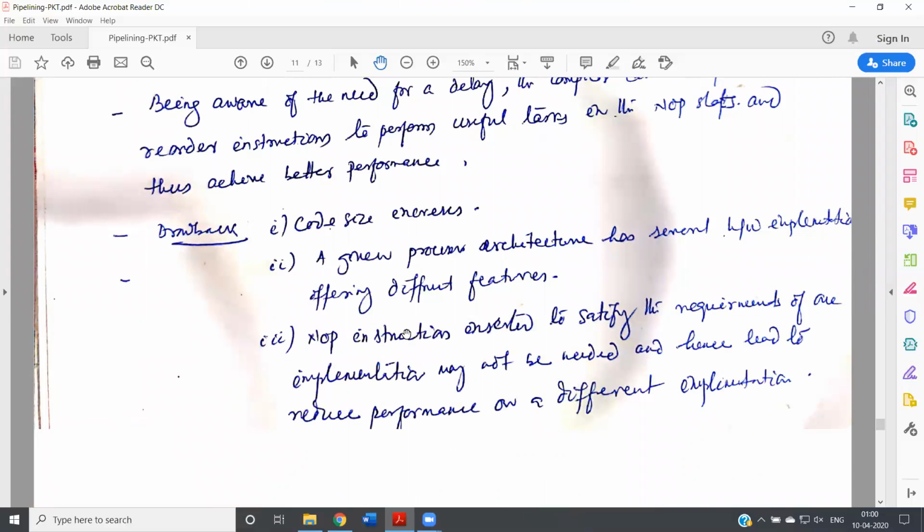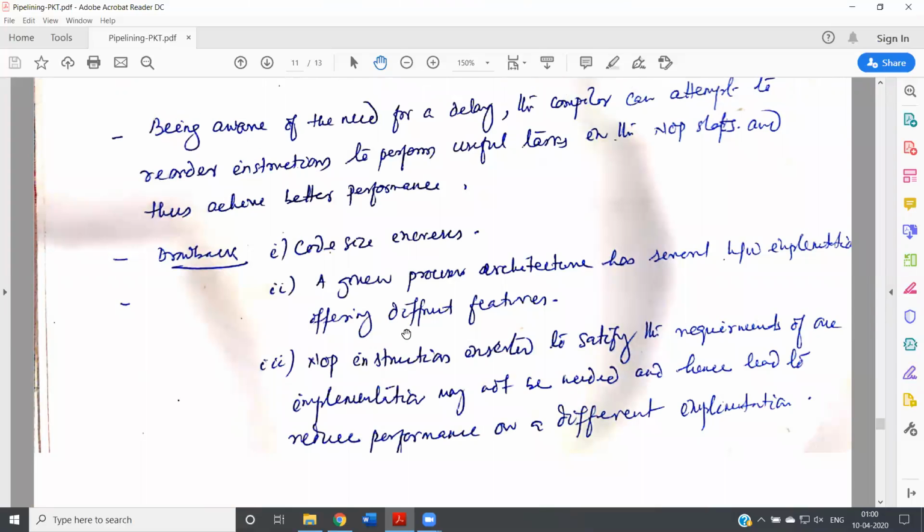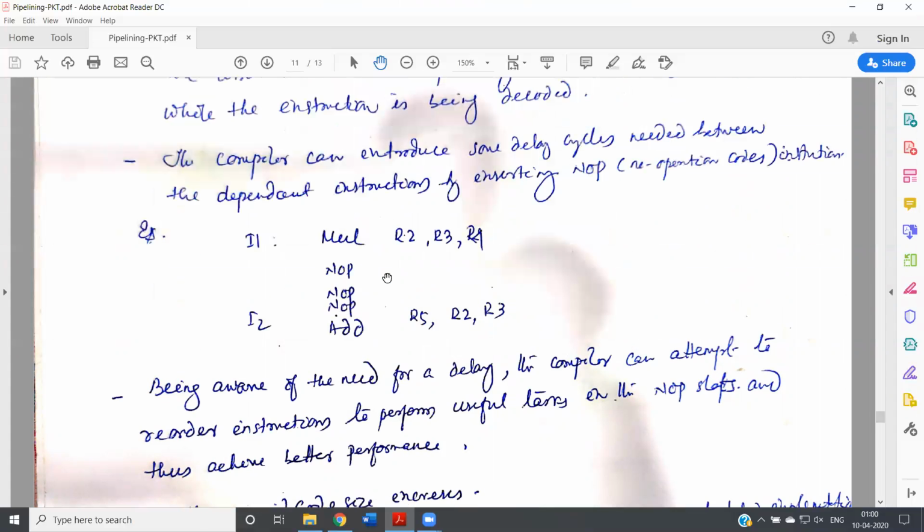But there are some drawbacks. The code size increases, and a given processor architecture has several hardware implementations offering different features. NOP instructions inserted to satisfy the requirement of one implementation may not be needed and hence lead to reduced performance on a different implementation. Suppose we have a processor which requires a 5-stage pipeline and requires 3 NOP slots.